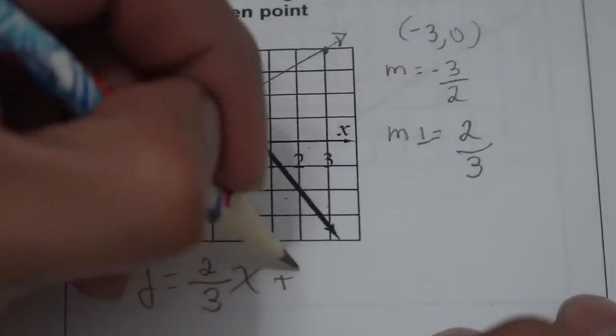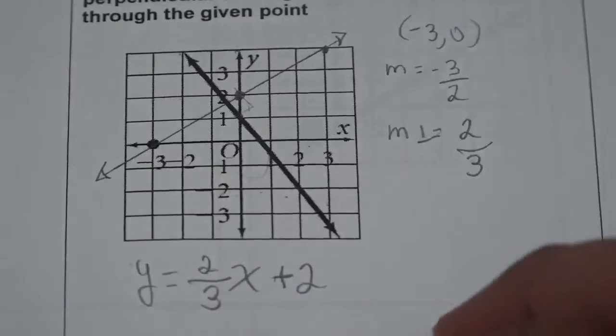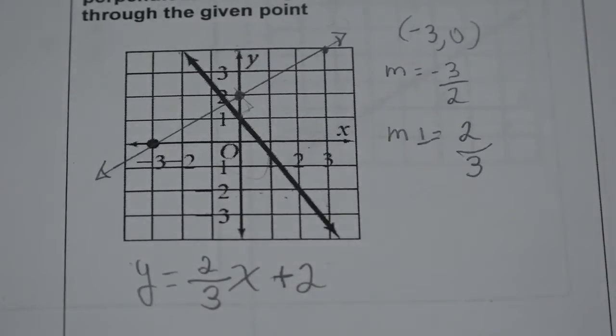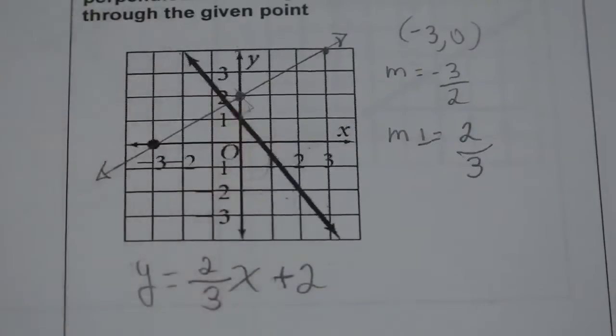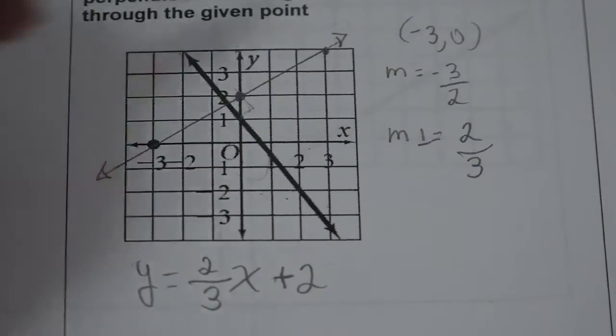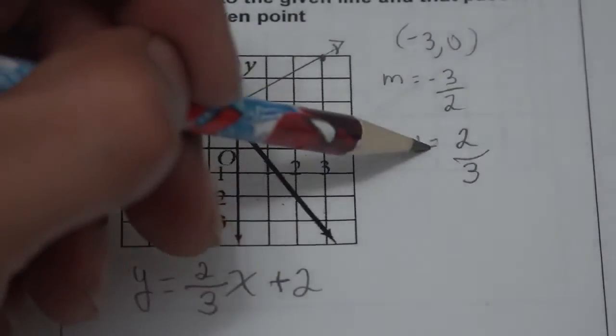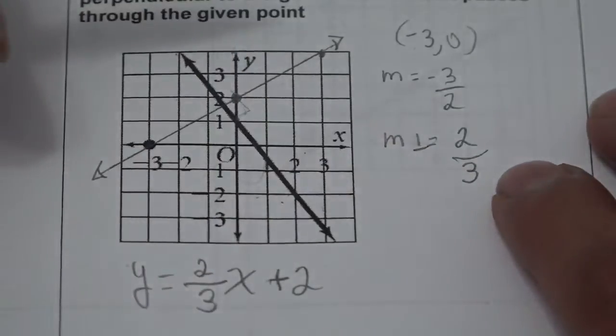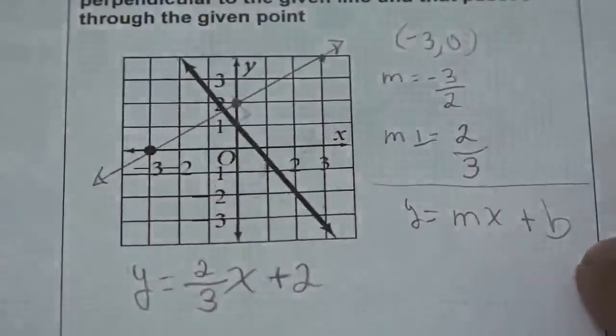So that means that this is plus 2. Okay? Now let's say I didn't know how to do it graphically. Well, then you identify the point and you identify the perpendicular slope. And now you write y equals mx plus b.